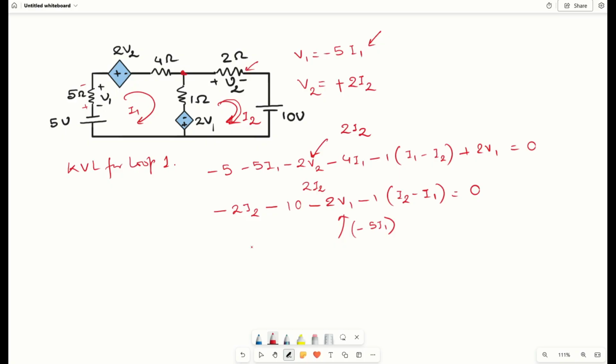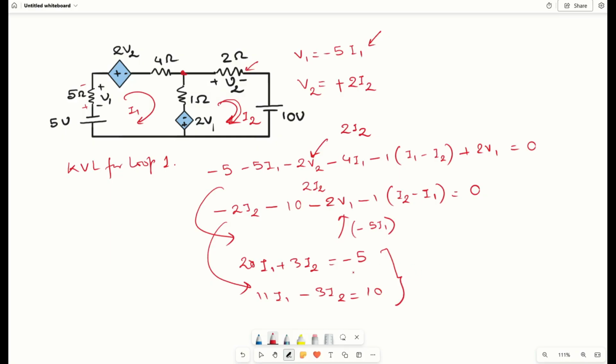Now if we simplify and write down the equations again, we will have 20 times of I1 plus 3 times of I2 equals minus 5, and for the second equation 11 times of I1 minus 3 times of I2 equals 10.